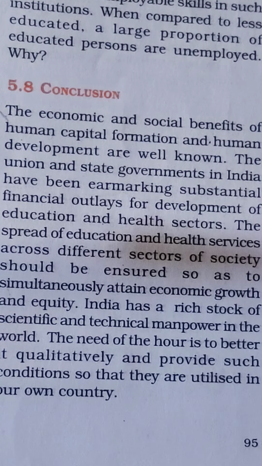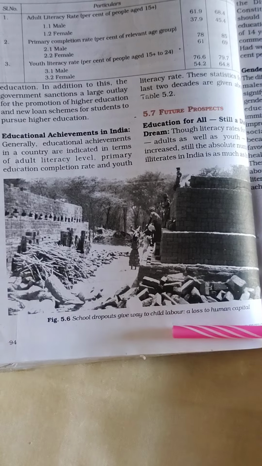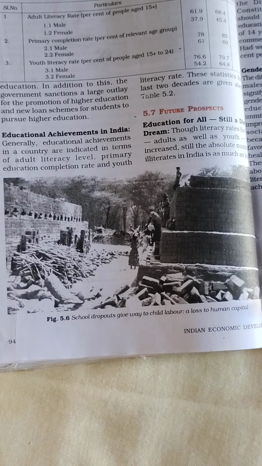In the photo, you can see the youth working in some construction. And the note underneath says, school dropouts give way to child labor, a loss to human capital. Photo shows scientific and technical manpower, a rich ingredient of human capital.